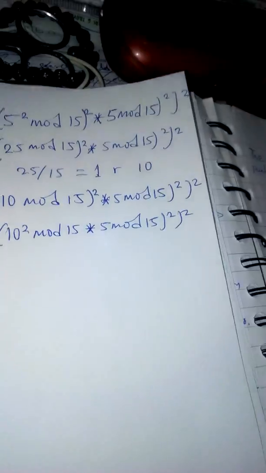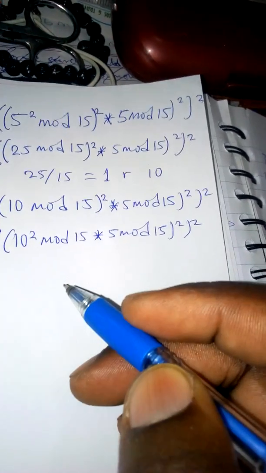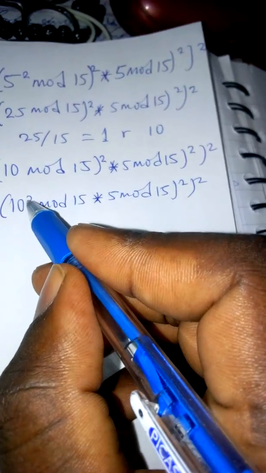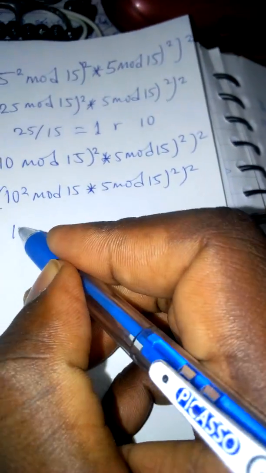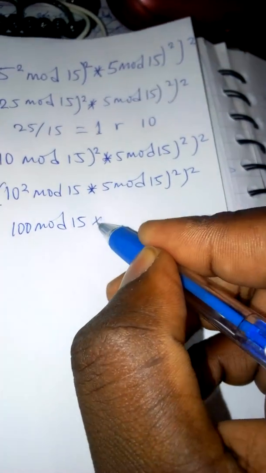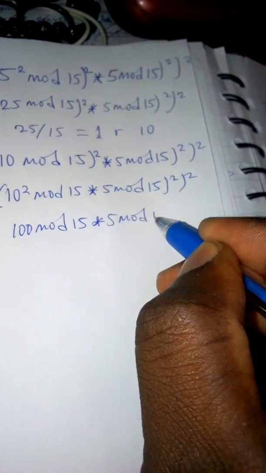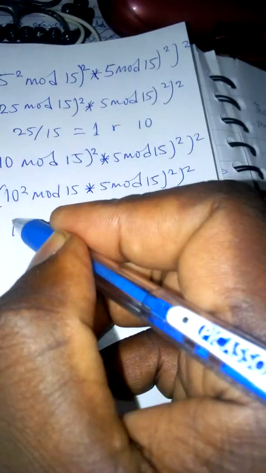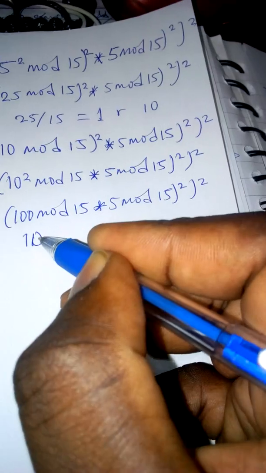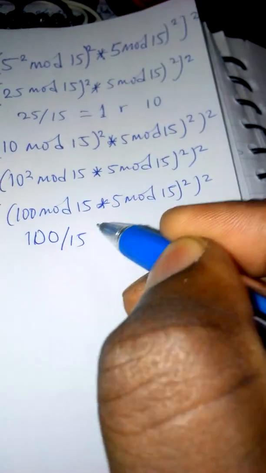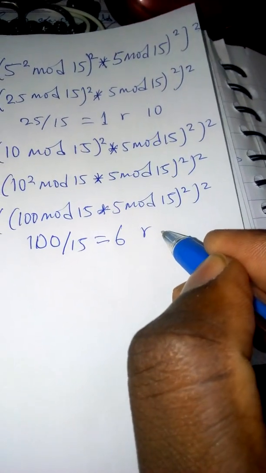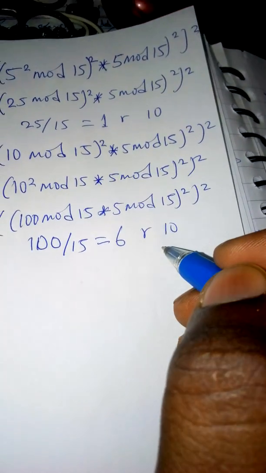We have 2 more brackets left over. 10 to the power of 2 will give us 100 mod 15, times 5 mod 15, squared, then squared, close. 100 divided by 15 is 6 remainder 10.